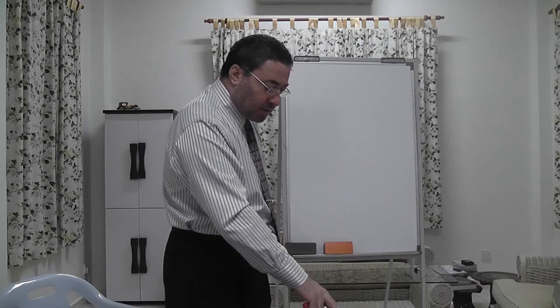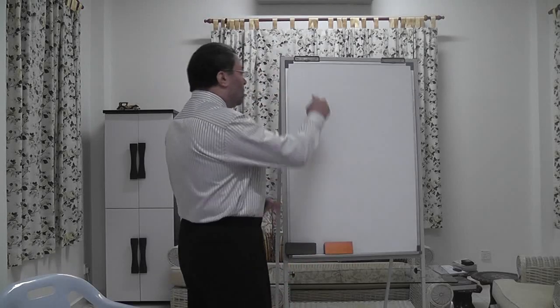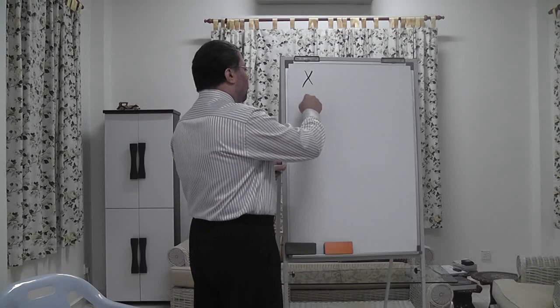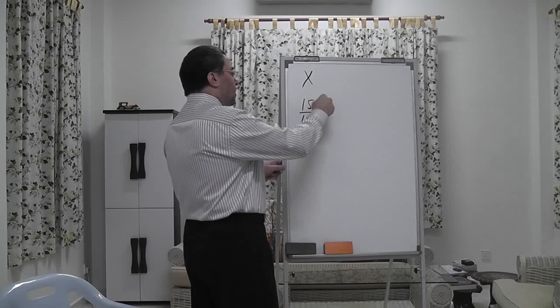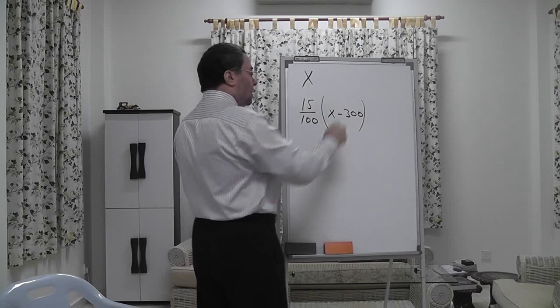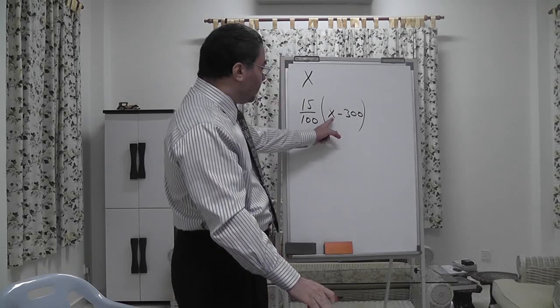So on the first $300, she's not paid any commission. So if the total sales is X, then her commission is 15 over 100, 15%, X minus 300. This 300, she's not paid any commission on it. And X is the total sales.